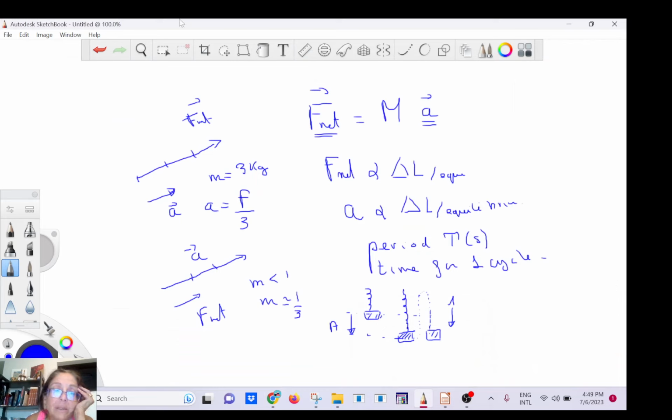So I get the period is 3.24 seconds for 4 oscillations. So 4 oscillations is 3.24 seconds.